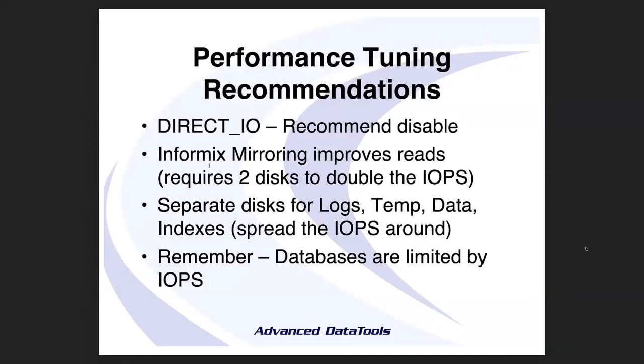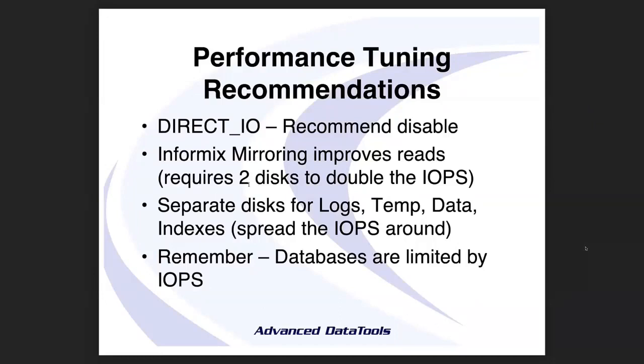The second thing I've found is Informix mirroring improves the performance quite a bit, because if you're limited by IOPS and you have your data on 2 disks, Informix is going to split the reads, and most workloads are 75% reads. My workload here is 90% writes, so it's not a true workload.